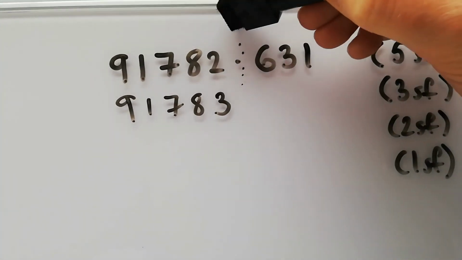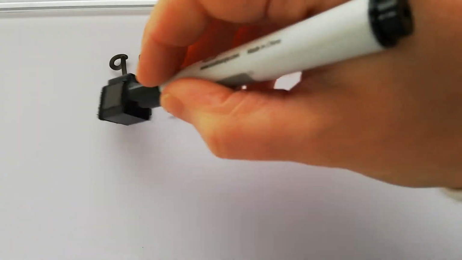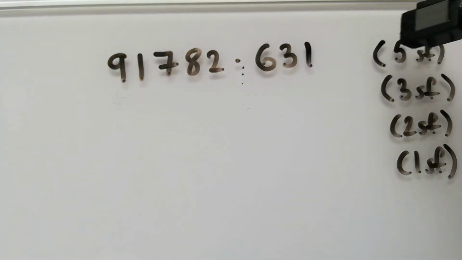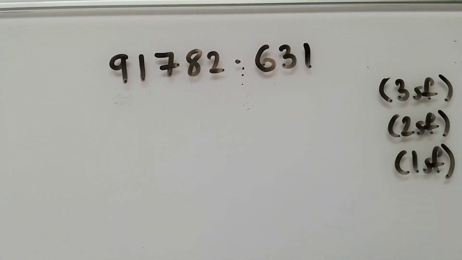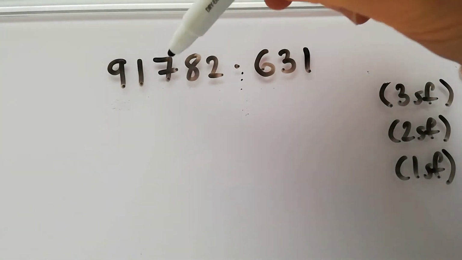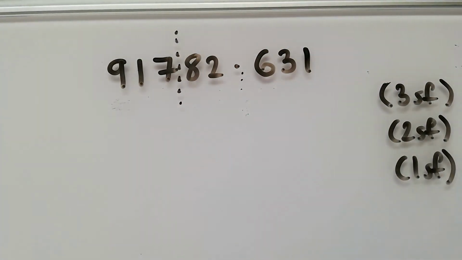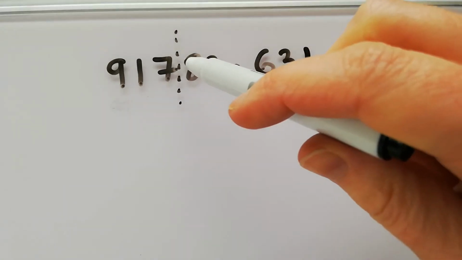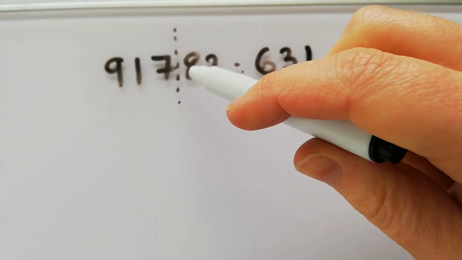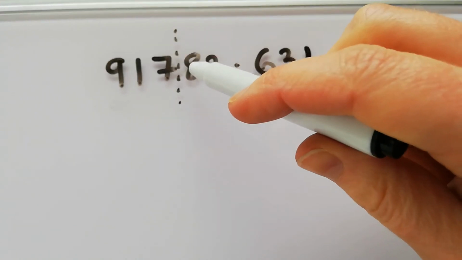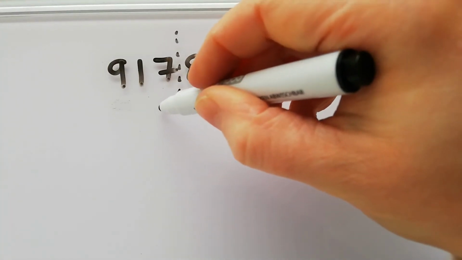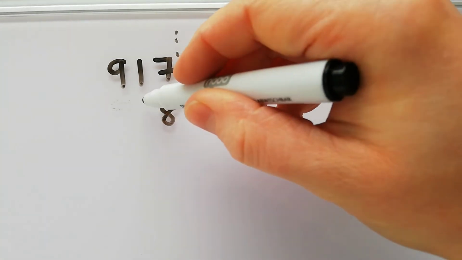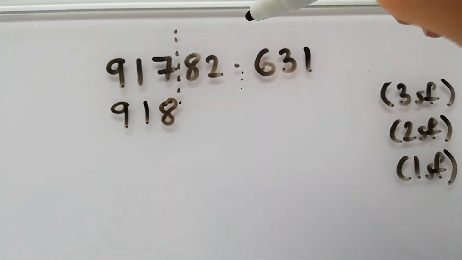If I didn't want so much accuracy, if instead I only wanted to work to 3 significant figures, then I would make my cut at 1, 2, 3 significant figures, and I would look at what's happening to the right of the dotted line. To the right of the dotted line, I've got 8, which is bigger than 5, which means the 7 gets kicked up to 8, and the 1 and the 9 will stay the same.